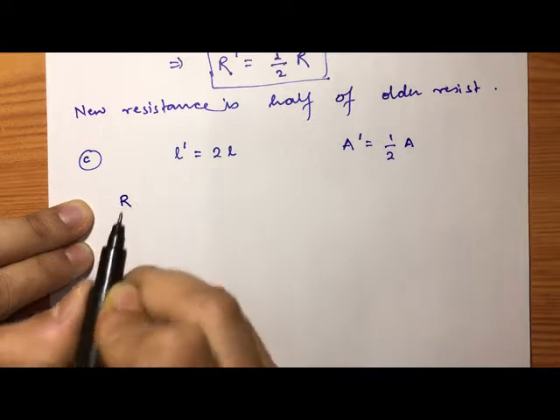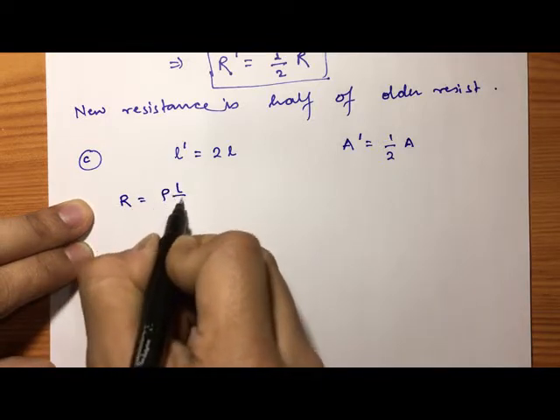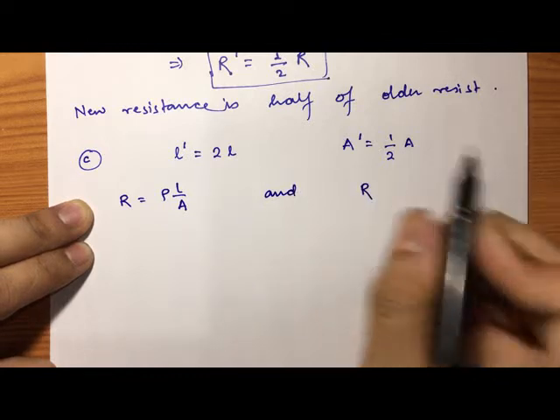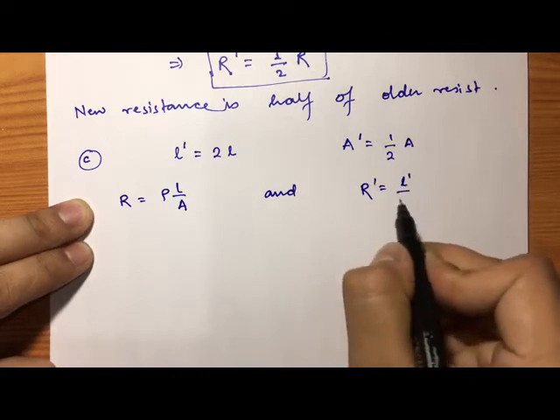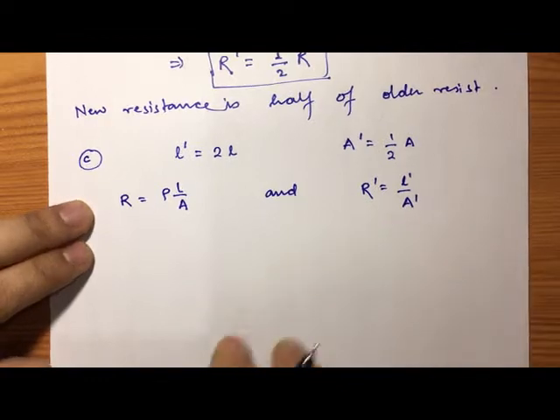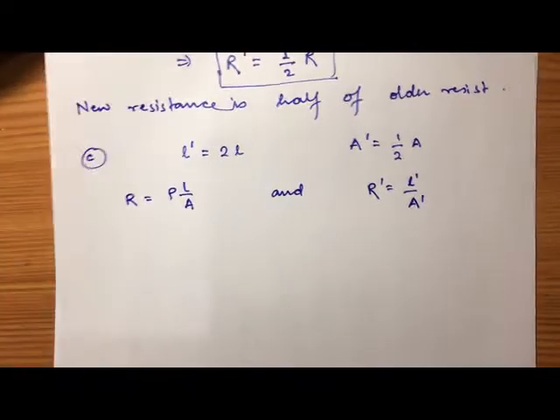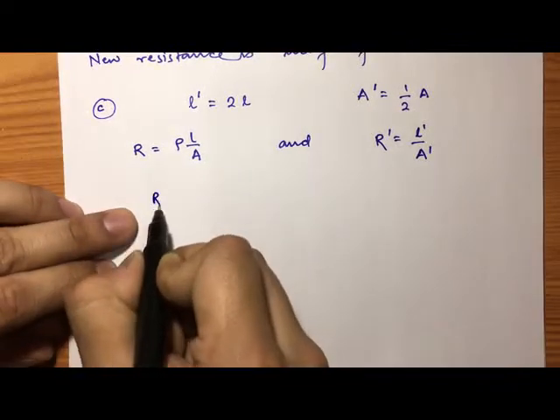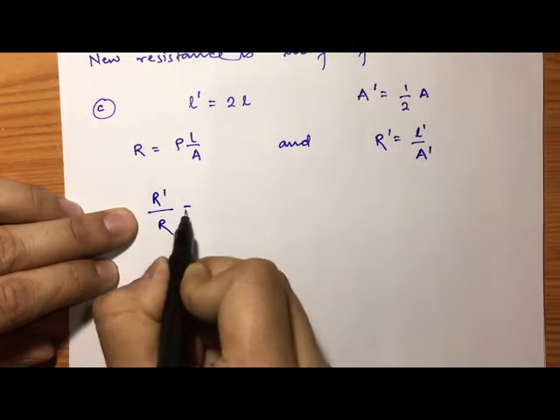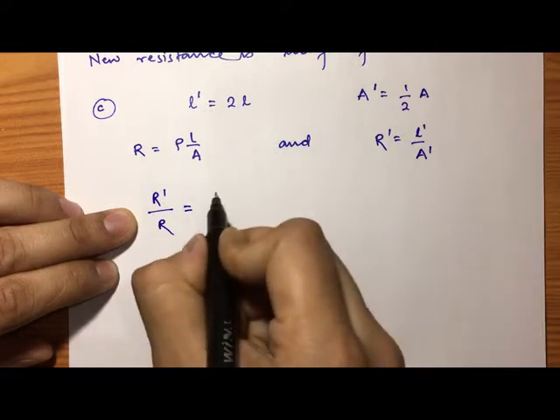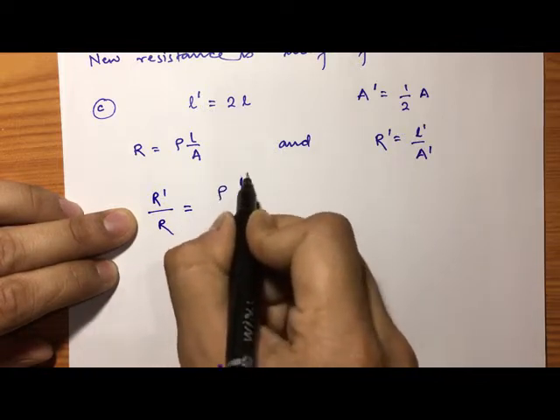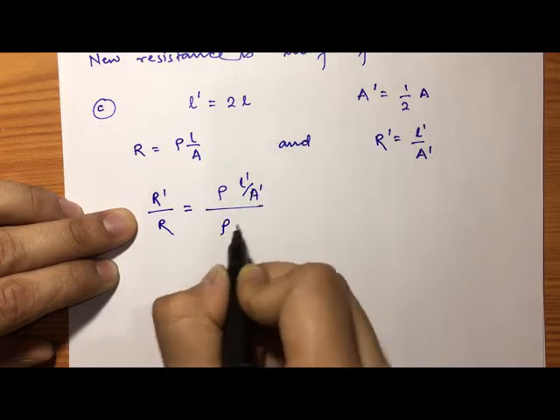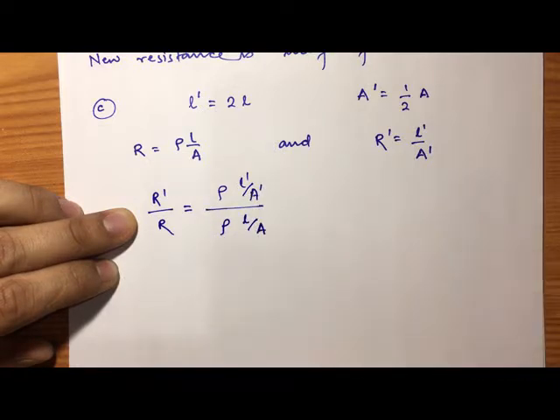My older resistance R will be equal to rho times L by A, and new resistance R prime should be equal to rho times L prime divided by A prime. So now I can write that R prime by R is equal to rho times L prime by A prime divided by rho times L by A.